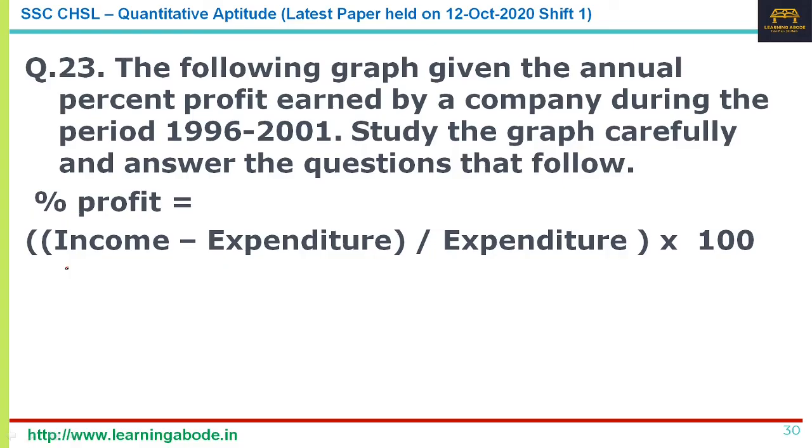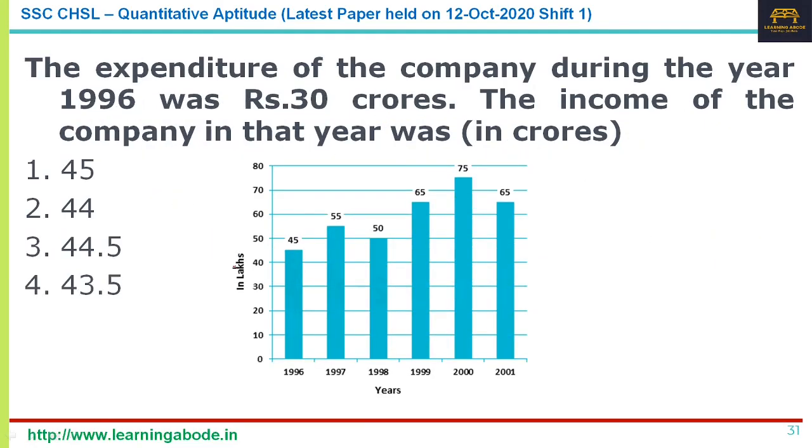The problem is, the question says profit percentage. The wording says the graph gives the annual percentage profit earned by the company. But if you look at the image, it says the amount in lakhs: 45, 40, 55, 50, 65, 75 and 65.